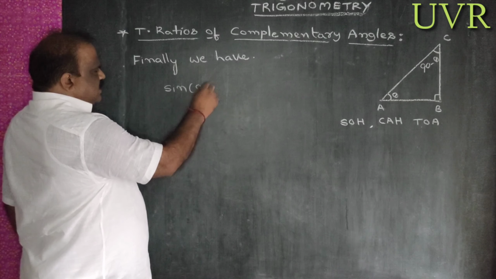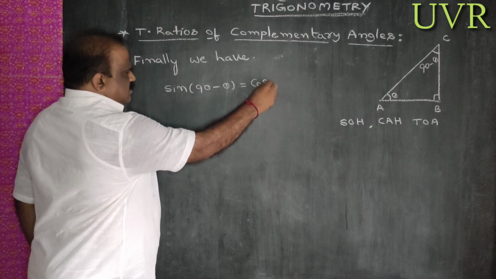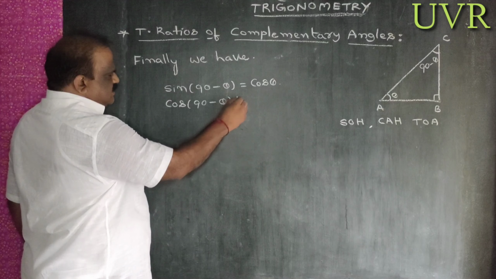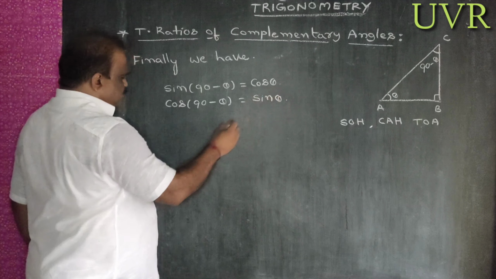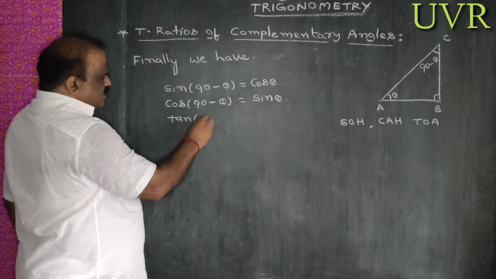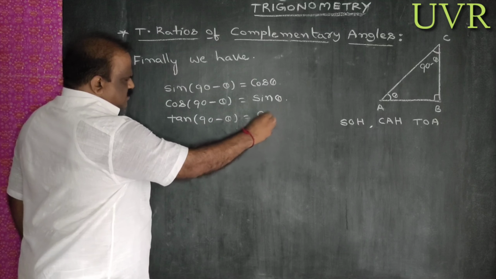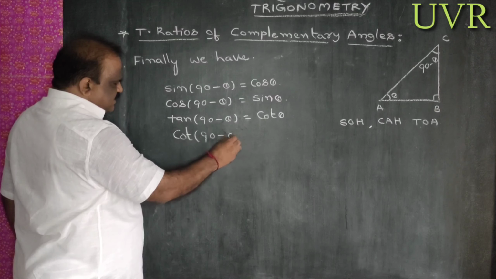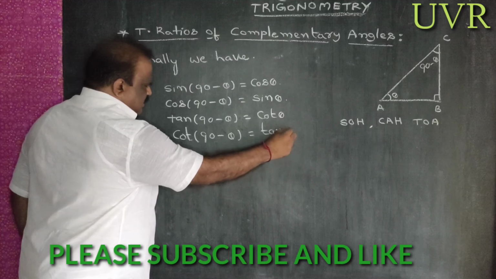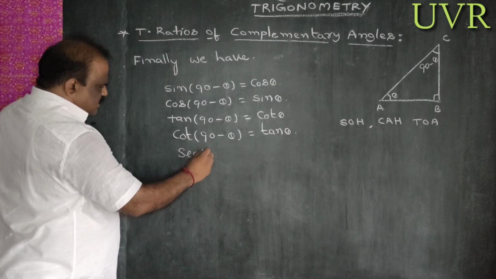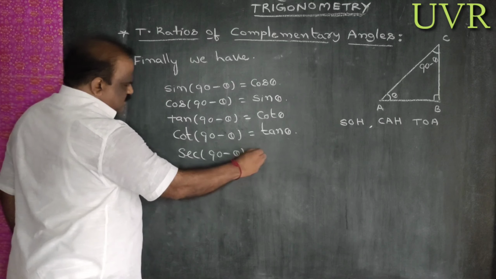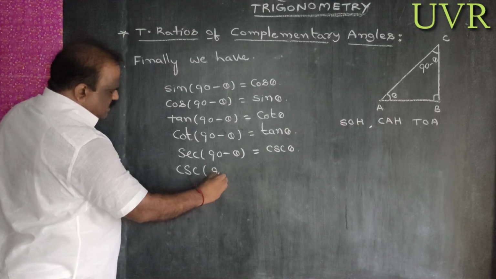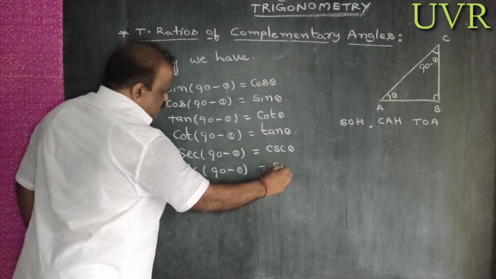So finally we have sin 90 minus theta is equal to cos theta, and cos 90 minus theta is equal to sin theta, tan 90 minus theta is equal to cot theta, cot 90 minus theta is equal to tan theta, secant 90 minus theta is equal to cosecant theta, cosecant 90 minus theta is equal to secant theta.